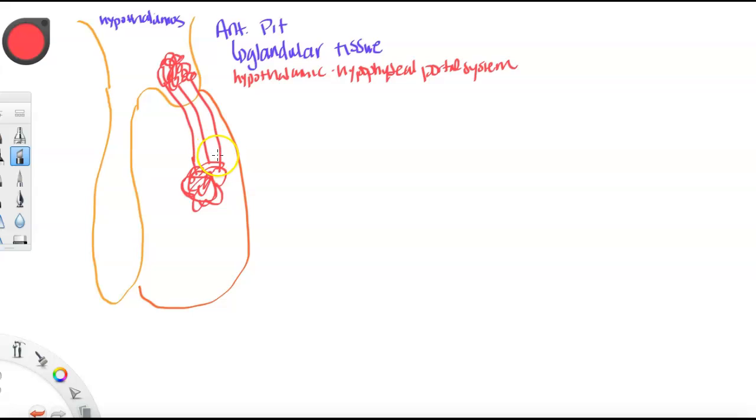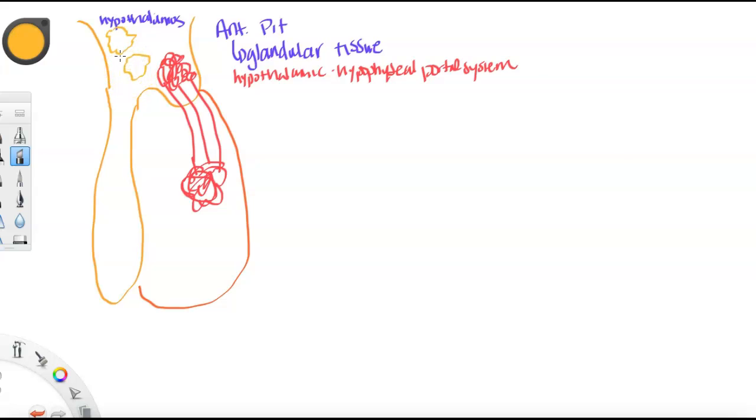So the anterior pituitary makes its own hormones, but they are secreted due to the influence of the hypothalamus. So we remember from looking at the posterior pituitary that we saw a couple of nuclei.